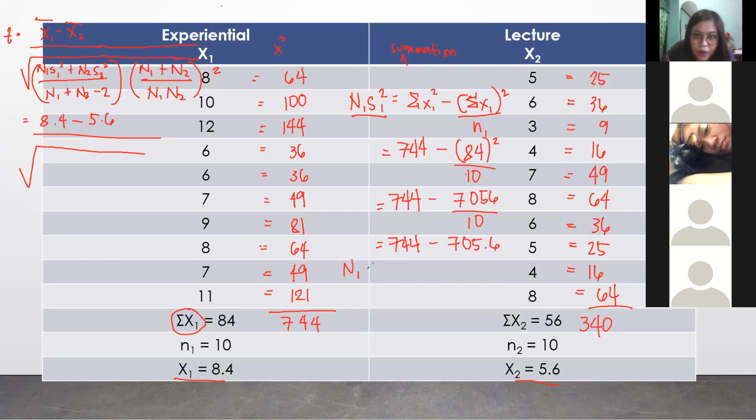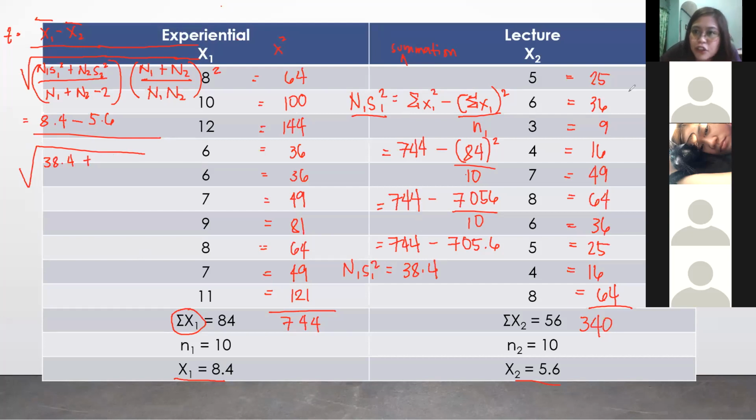So N1 S1 squared is 744 minus 705.6. The answer is 38.4. So muna itong ibutang diri class, 38.4 plus i-compute pa nato ang sa second group.